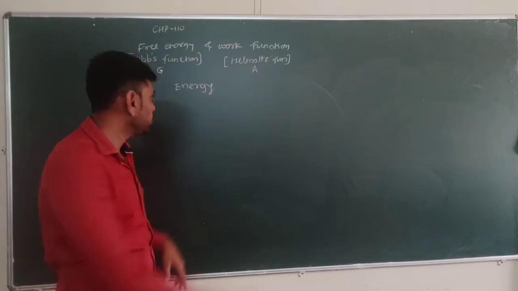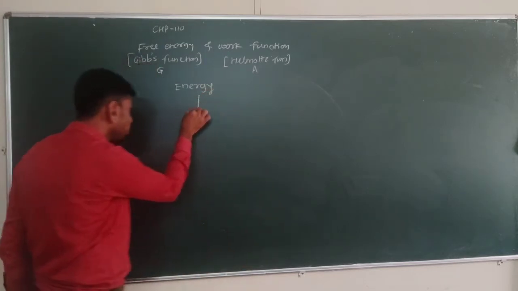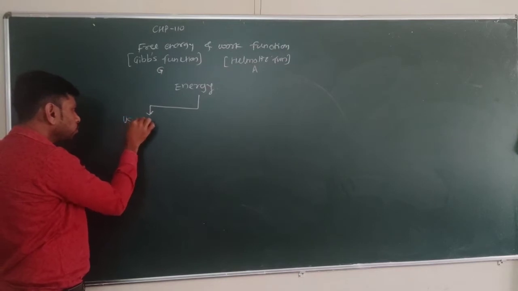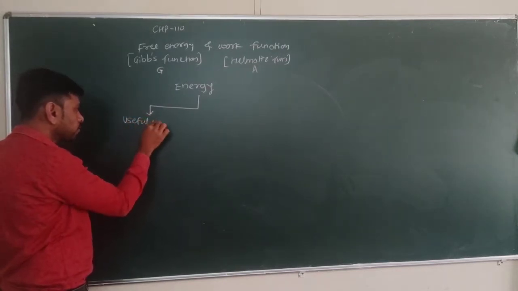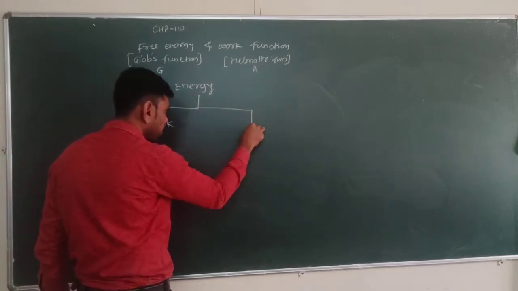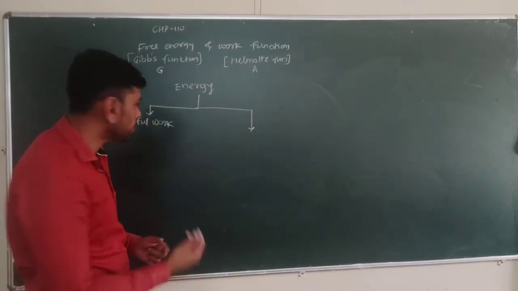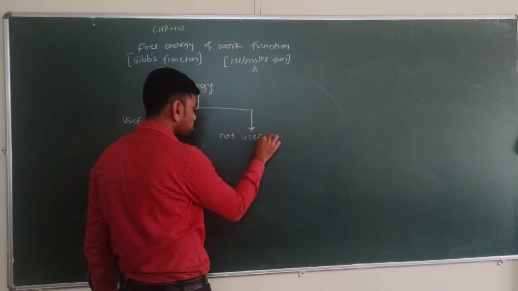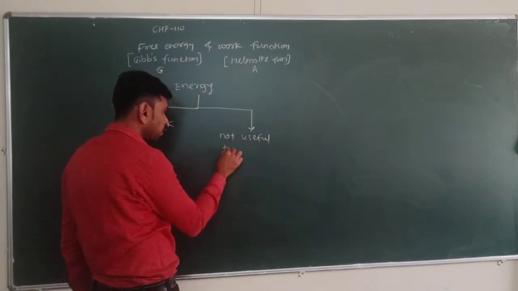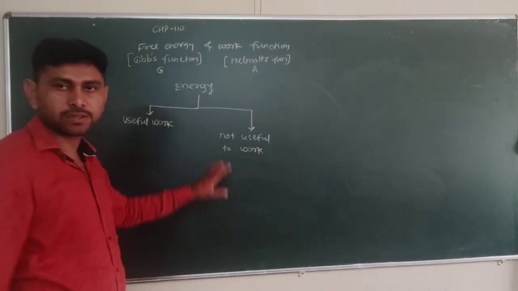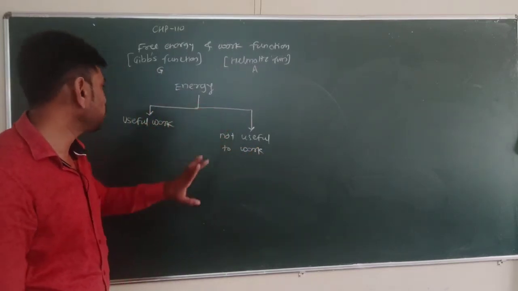So the energy which is converted into useful work is one type of energy, and another is the energy which is not useful to perform work, or which is not utilized to perform useful work.